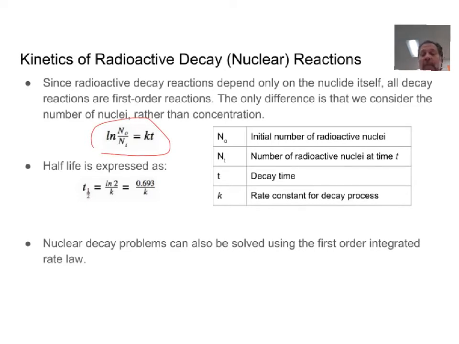Again, the half-life for this, because it's a first order reaction, is T1/2 equal to 0.693 over K. Nuclear decay problems can also be solved using the first order integrated rate law, which I'm going to show you how to use in the next problem here. Again, this doesn't show up very often. We just want to work our way through it and use logic to do that, so I'm going to show you how that works.